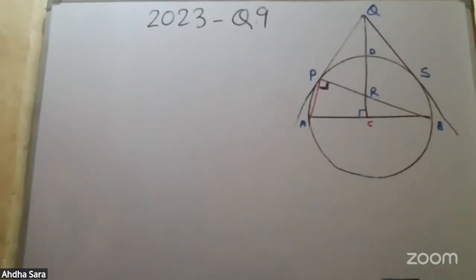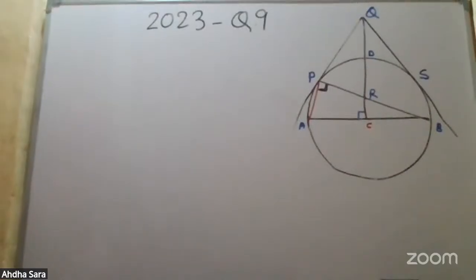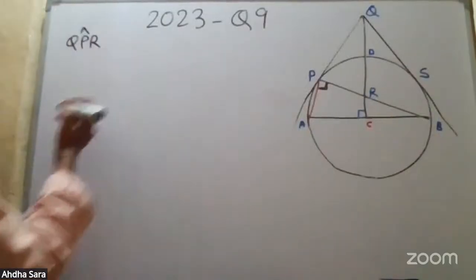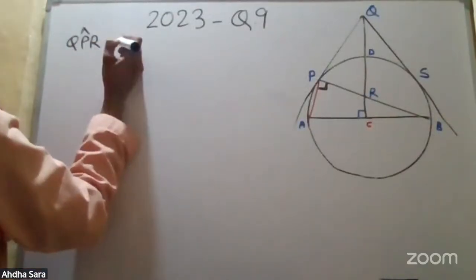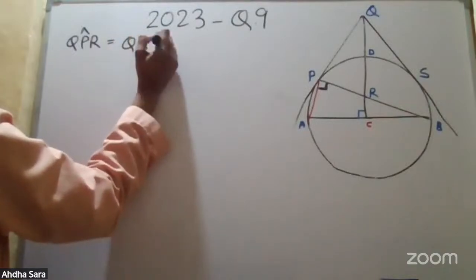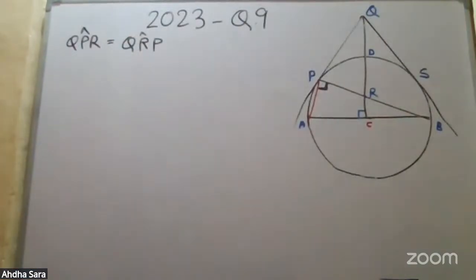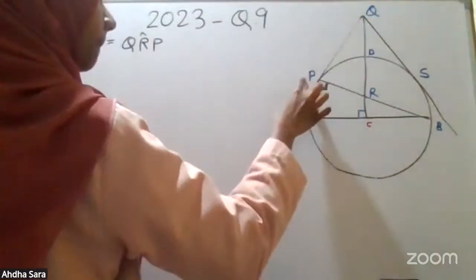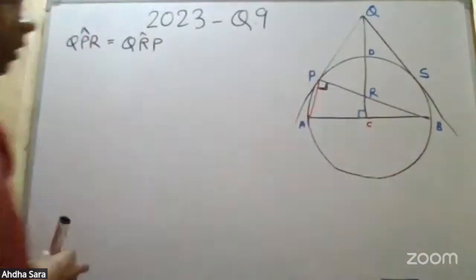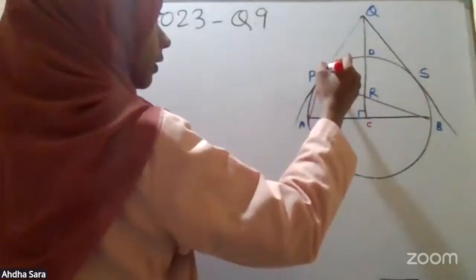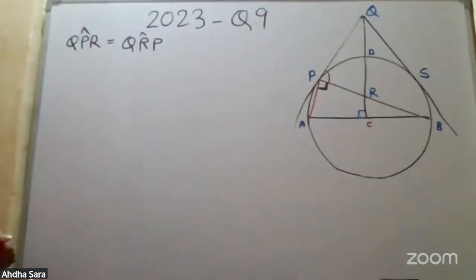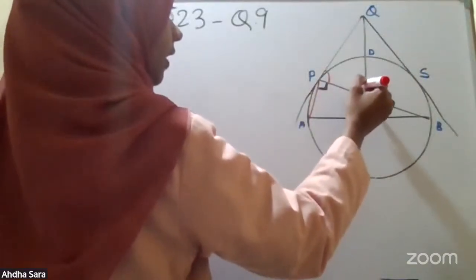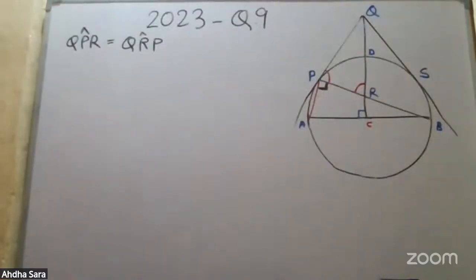Next, we have to prove the angle QPR is equal to the angle QRP. The angle QPR and the angle QRP, we have to prove these two angles are equal.